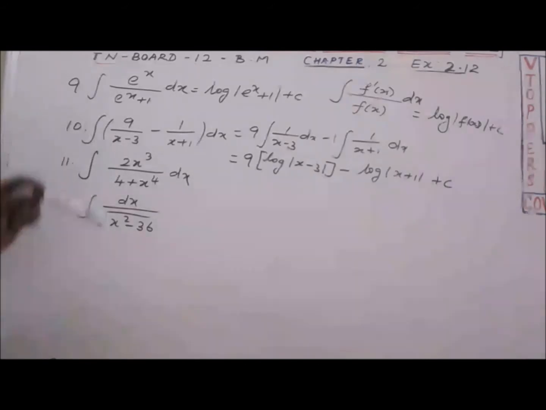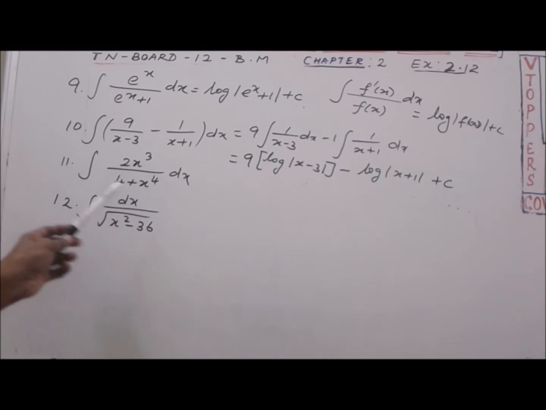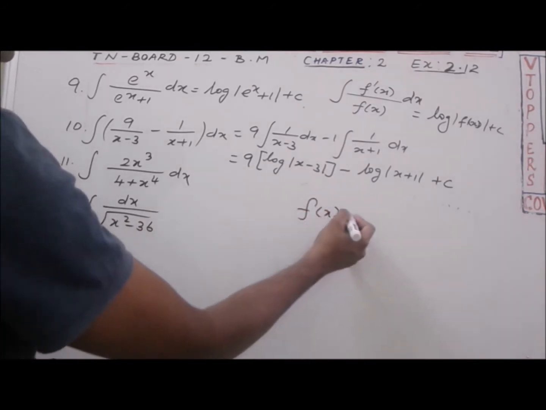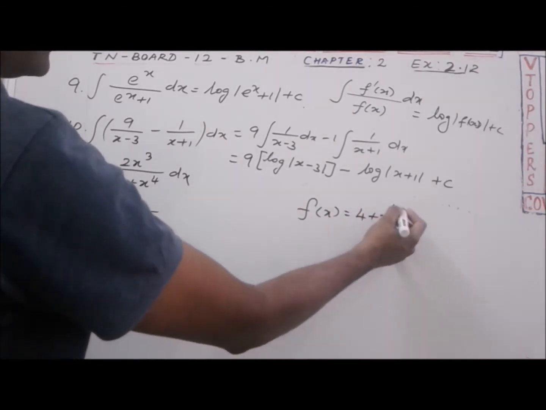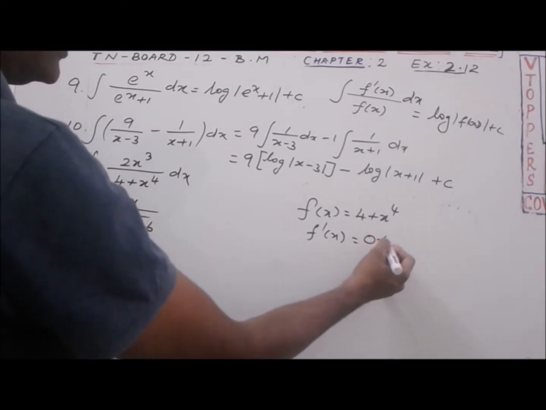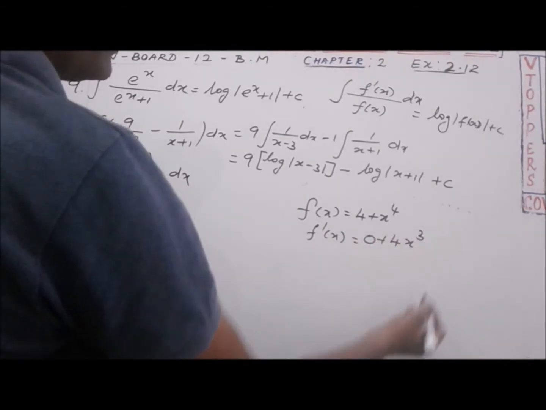Now question number 11. Integral 2x cube by 4 plus x power 4 dx is given. Look at the denominator, 4 plus x power 4. Differentiate it: 0 plus 4x cube. Listen carefully here. F of x is equal to 4 plus x power 4, then f dash of x is equal to 0 plus 4x cube.